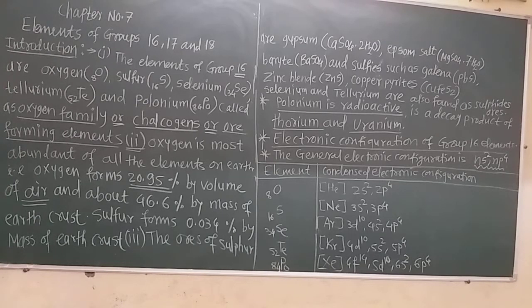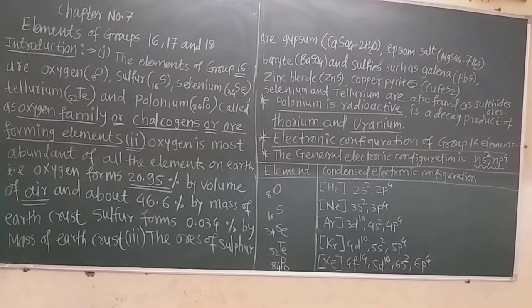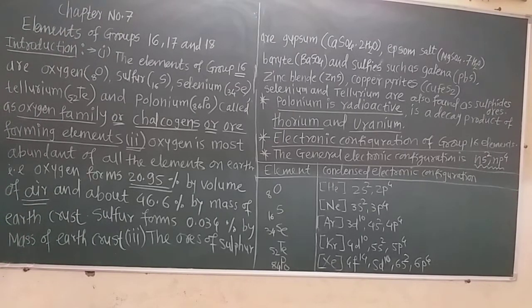SO2 gas is there, but sulfur dioxide gas is a byproduct of industries, and that creates pollution. So that is not naturally found in the air. So in the earth crust only 0.34% of sulfur is there.